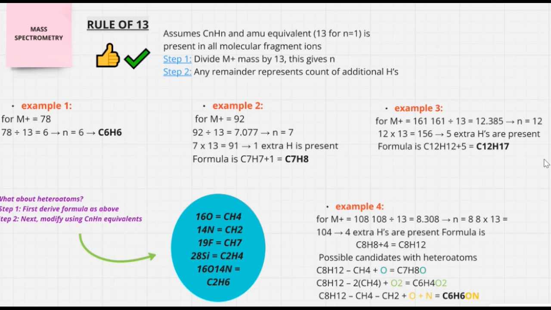But if we get a fraction or a decimal answer, we follow a couple of other steps to get the final answer, and any remainder we consider as additional hydrogens. The first example is a simplified one, and then we'll move on to some complicated ones for a better understanding.